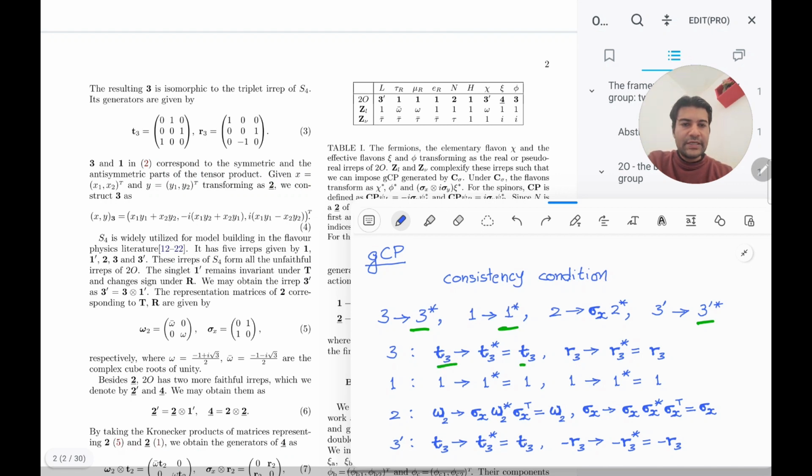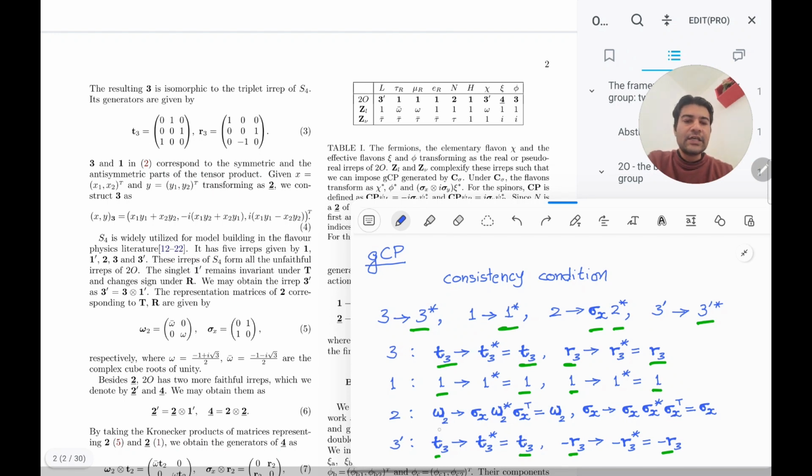So this T3, R3, and then the trivial case, and then T3 and minus R3, all of them remain unchanged under complex conjugation. On the other hand, as we know, the doublet gets conjugated and multiplied with the matrix sigma x. Now look at the generators.